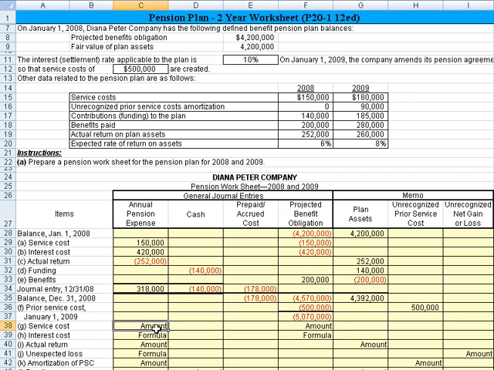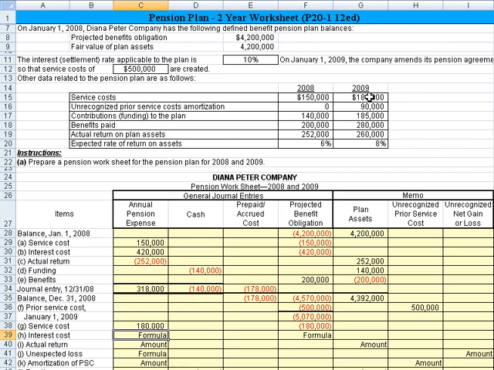All right, G says what's our service cost for the second year, and that's that $180,000. Now this should look very similar to what we did for 2008. We need to enter $180,000 there, and then we need to record the increase in the projected benefits of $180,000. Moving along, the interest cost.